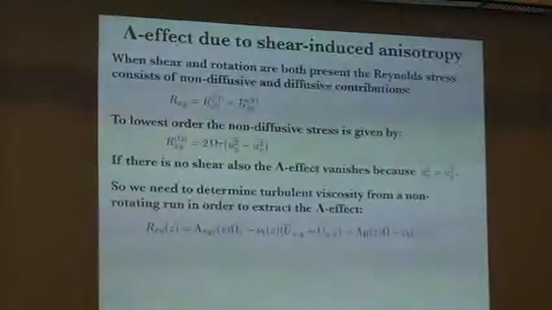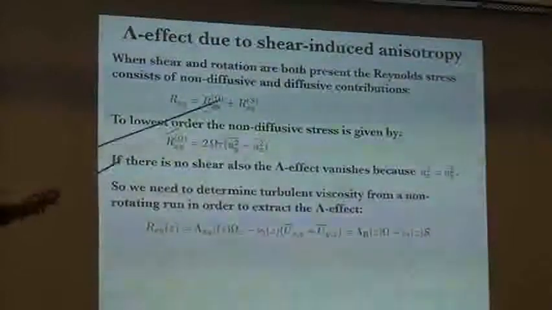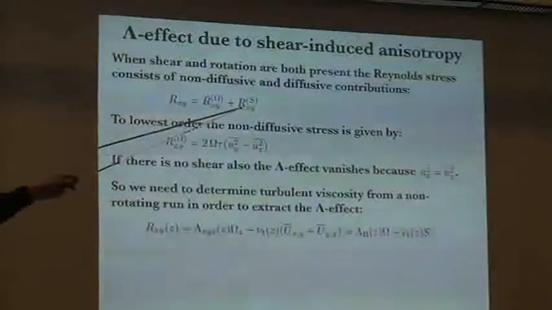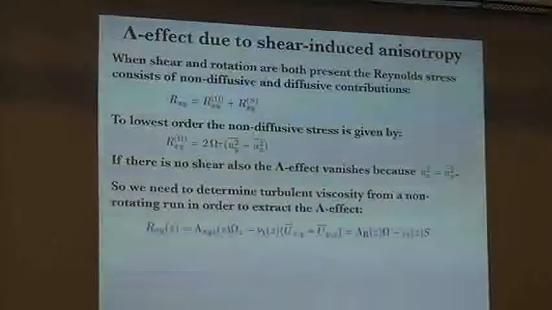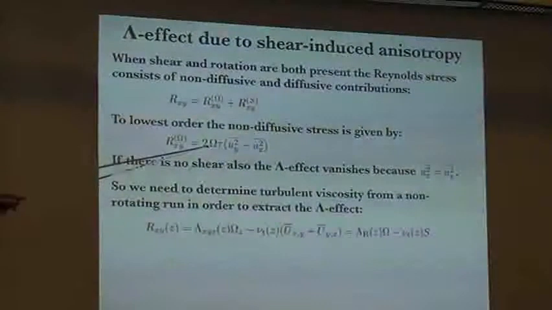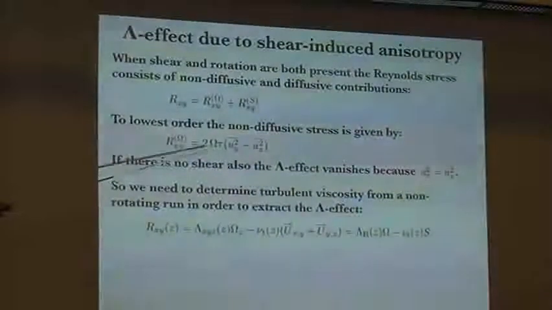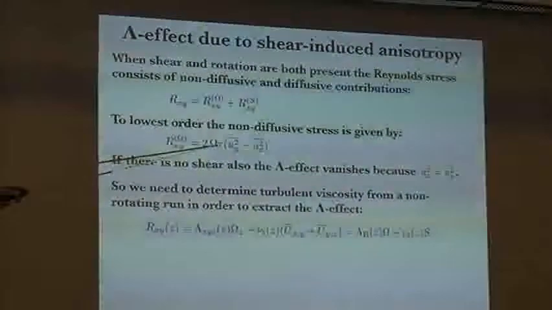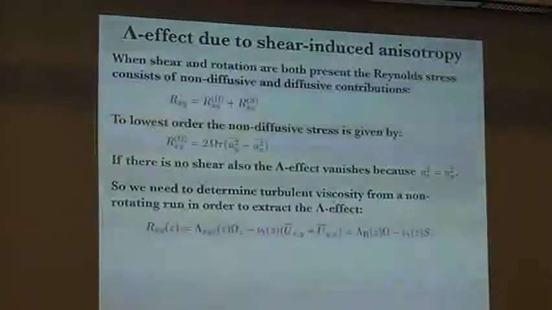Then, if we add rotation, then we have not only our diffusive contribution, but also a non-diffusive contribution. Using a similar dirty trick, we can get the lowest order contribution to the stress due to the rotation. This is basically a Coriolis number in front, and then we have the difference between the horizontal velocities, essentially.